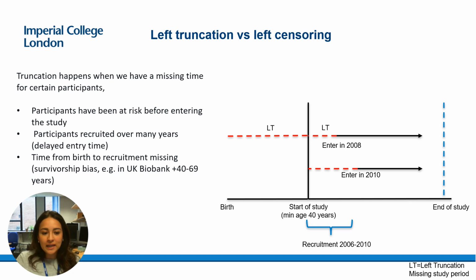What this really means is that participants recruited over many years have a delayed entry that we need to account for in our analysis. Similarly, the time from birth to recruitment is missing, which means there is survivorship bias. For example, in the UK Biobank, you had to be alive at 40 years old to actually enter the study, anything between 40 to 69 years old, because those were the ages at which participants were recruited.